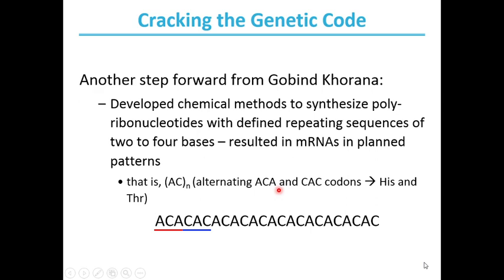As you can see, ACA, CAC, it's alternating. Now, the polypeptide synthesized on this messenger contained equal amounts of threonine and histidine, and that was established from Khorana's experiment. It was later found out that the histidine codon has 1 A and 2 Cs, and hence the codon CAC codes for histidine and ACA codes for threonine.